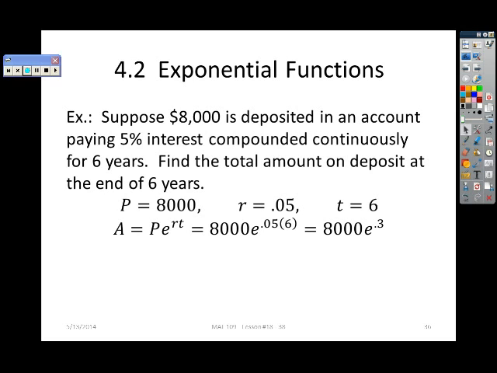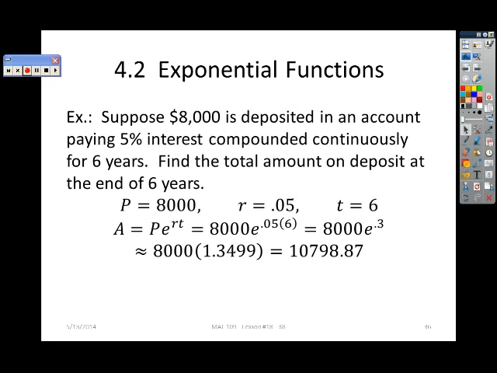Put them into the A equals P E to the RT formula, and so you need to learn how to use the base E and raise it to a power. It's very simple. And you get 10,798. So $8,000 after 6 years of continuous interest is that.